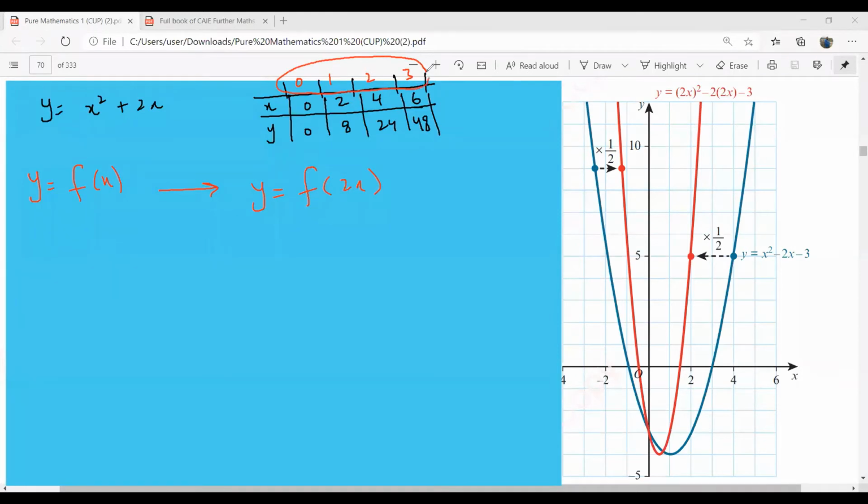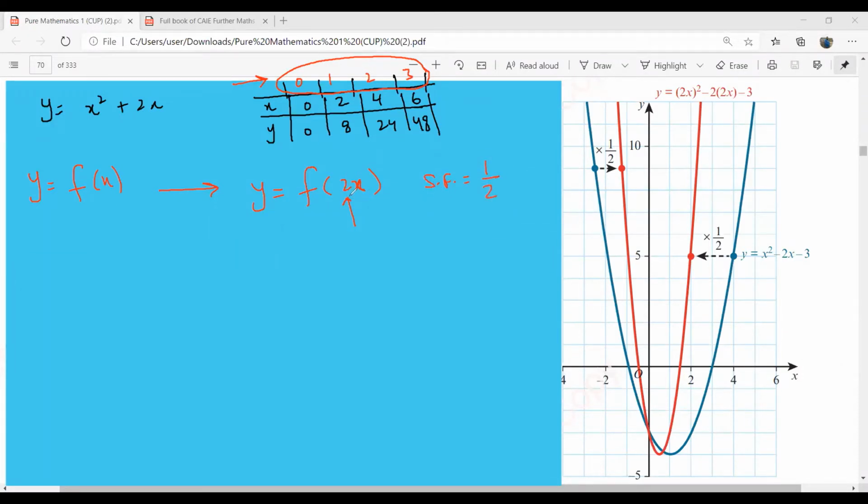All of them have been halved. So that means that if you're seeing 2 over here, this 2 is being multiplied by x. But the actual impact on the graph, on these points, that is all these x coordinates, they are halved. So this means that the scale factor is 1 over 2.